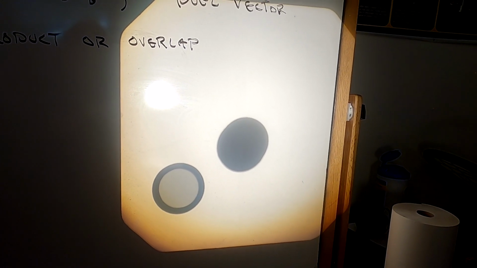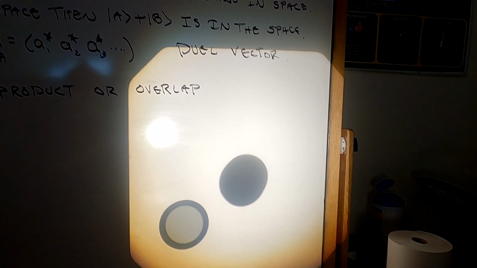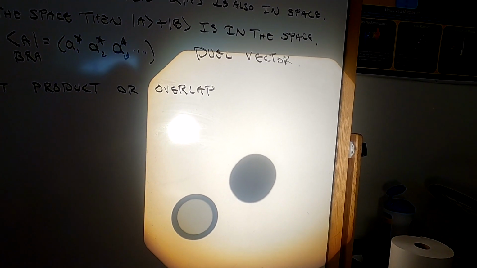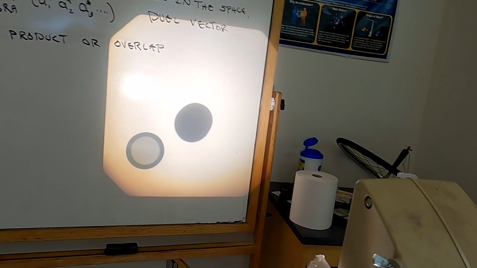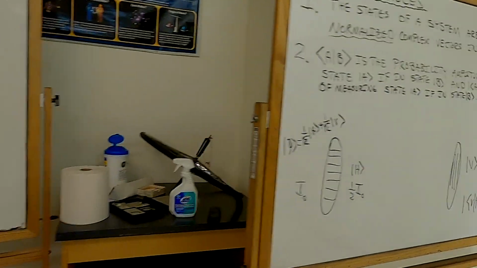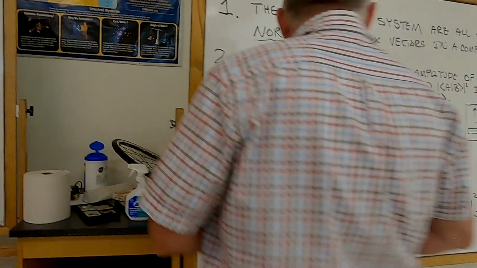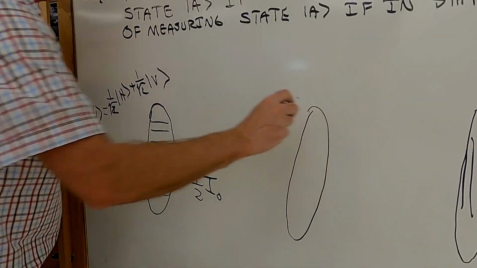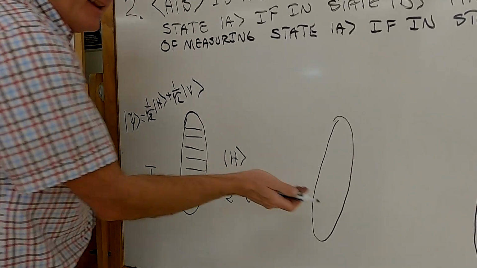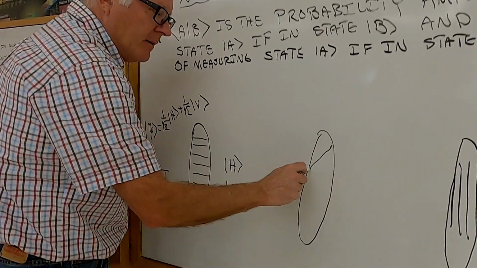Okay, so now let's put a third polarizer in here in the middle, that's rotated up 45 degrees.